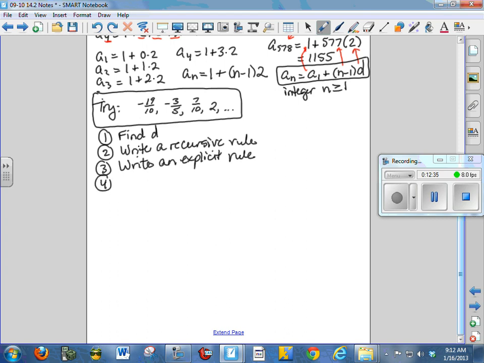And 4, find the 200th term in the sequence. So what I'd like you to do now is to pause the video and try the problem, and then turn it back on and see if you are correct.